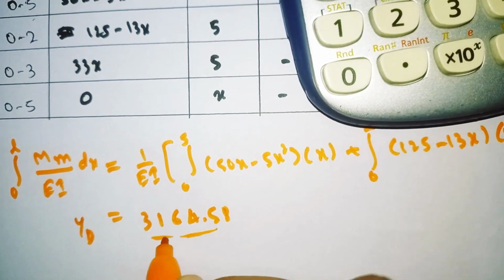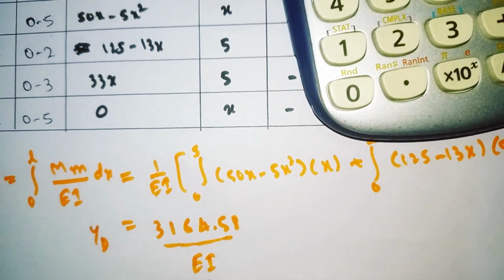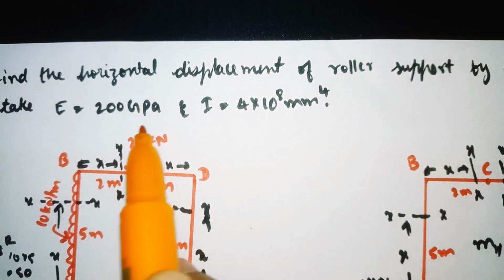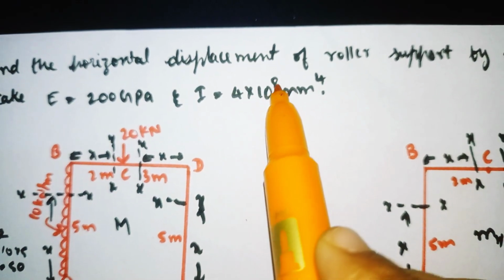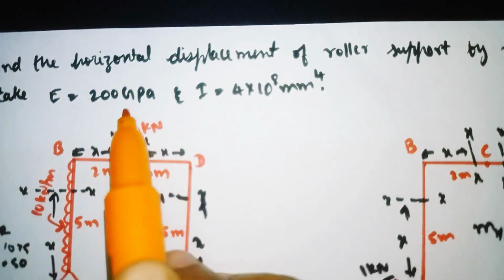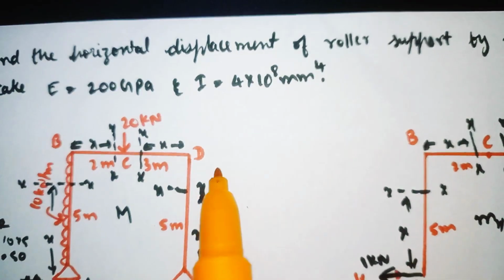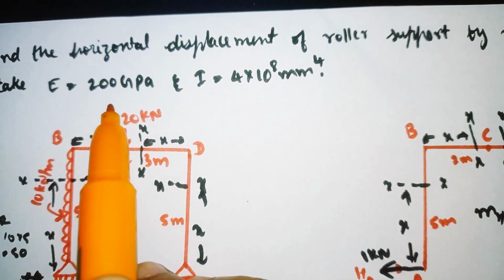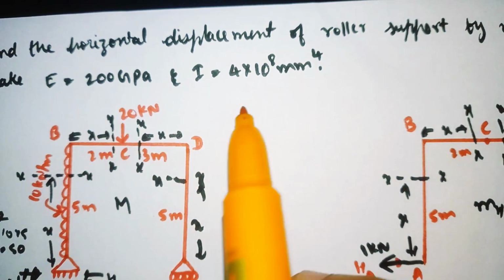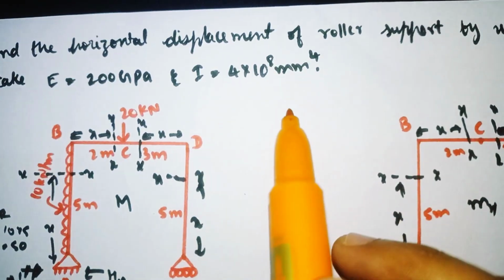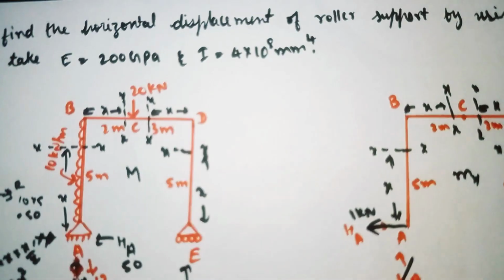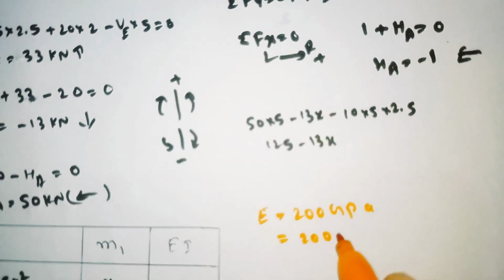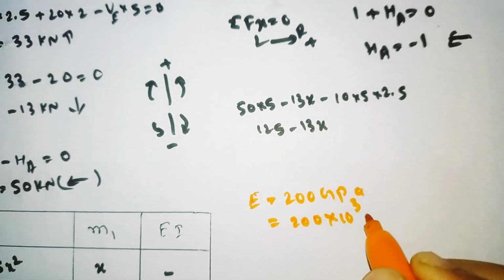3164.58 divided by EI. See here, our E value given was 200 GPa and the I value is 4 into 10 to the power of 8 mm to the power of 4. We need to convert both into meters, because to find the deflection we always have to put the values in meters only. I will show you how to convert. To convert this into Newton per mm square we multiply by 10 to the power of 3.